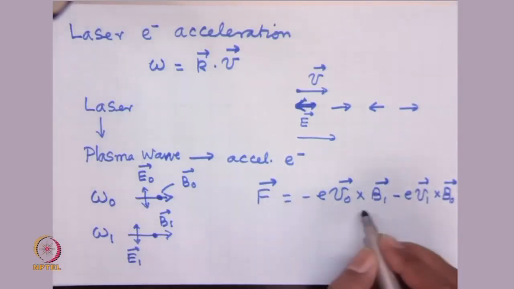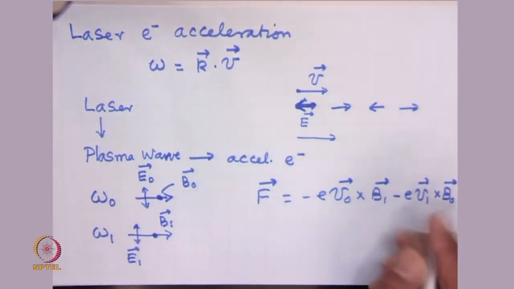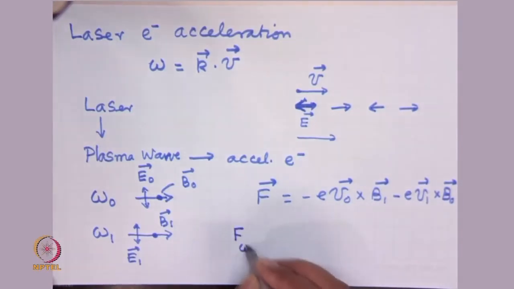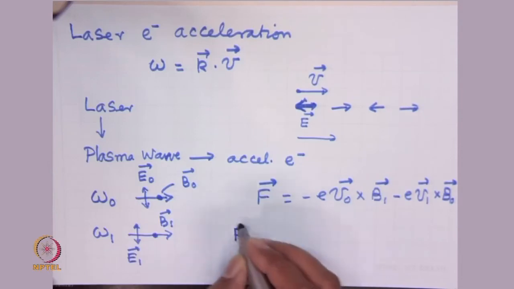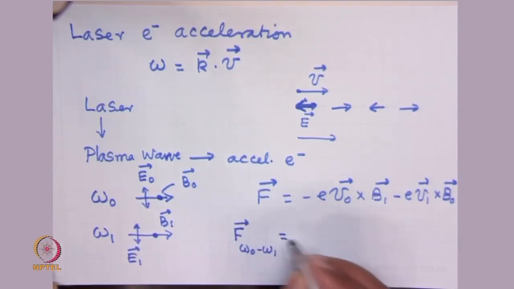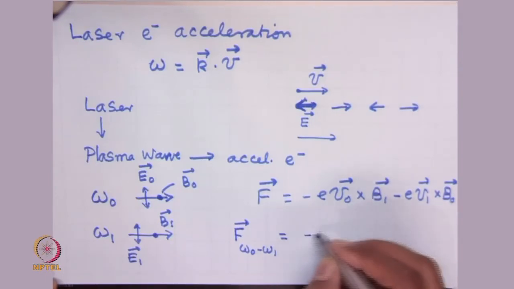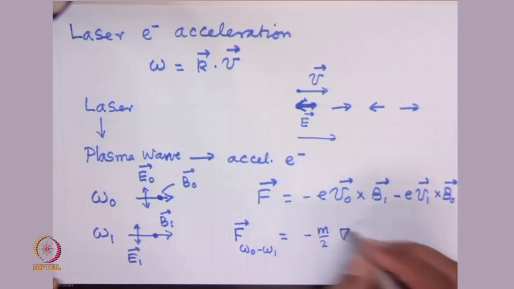So when you multiply the real quantities, you have to be a little careful, and this gives rise to a force at frequency omega 0 minus omega 1, and its value turns out to be simple. It is simply equal to minus m by 2 gradient of V0 dot V1.